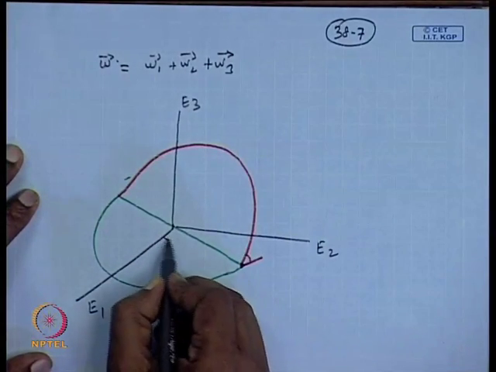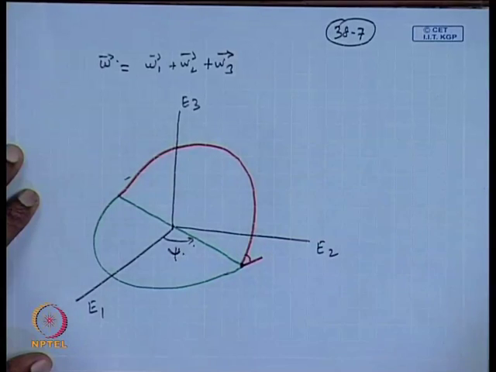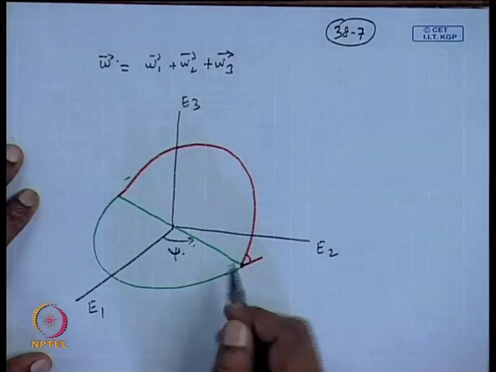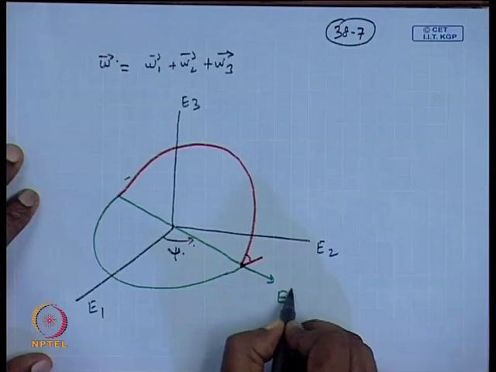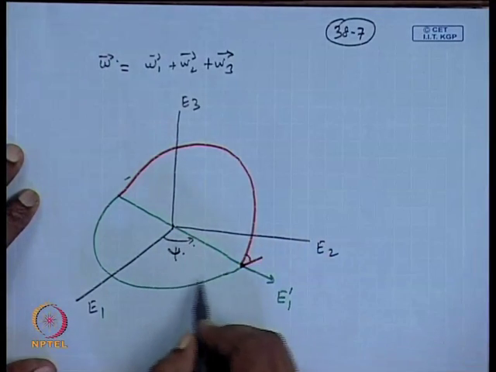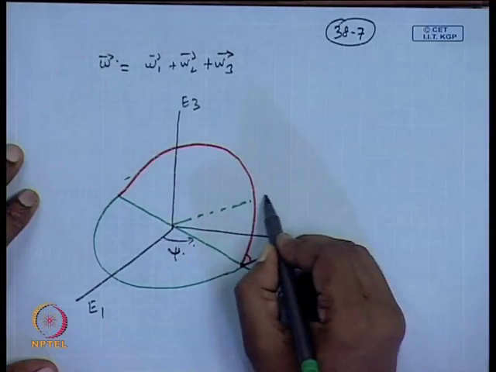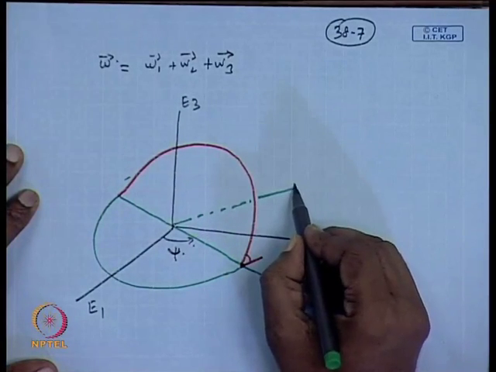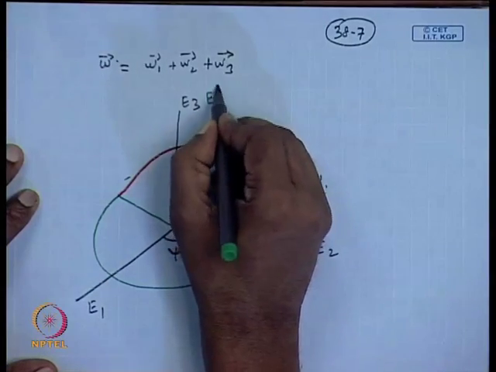First rotation we gave by psi, and therefore the resulting axis we are getting here is E 1 prime, and this E 2 will move, and we can show it on the back here, E 2 prime and E 3 prime will be here in this place.